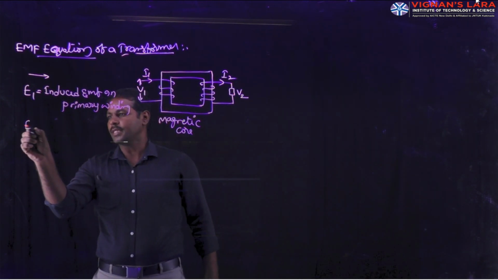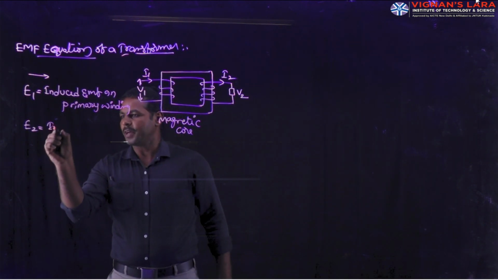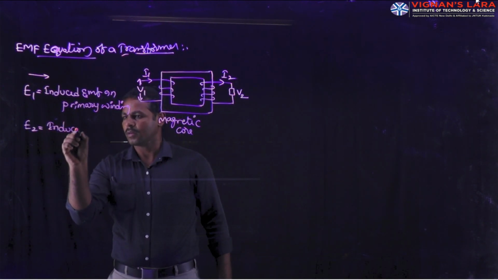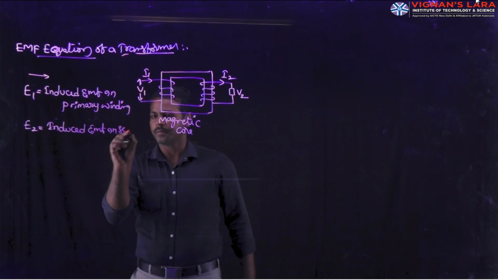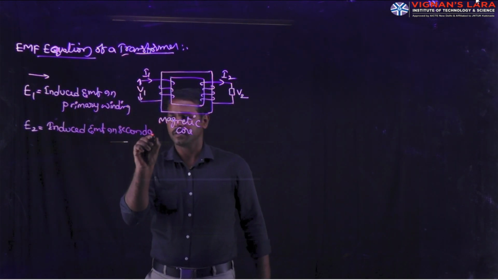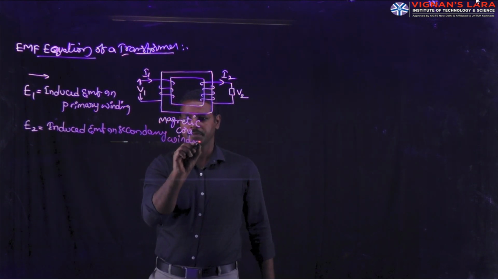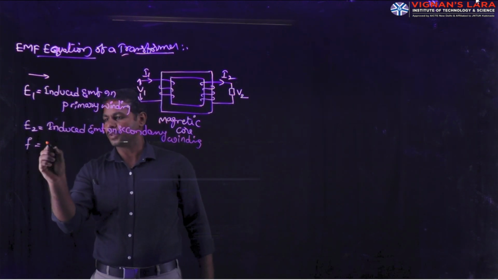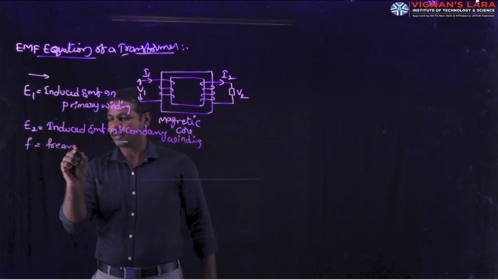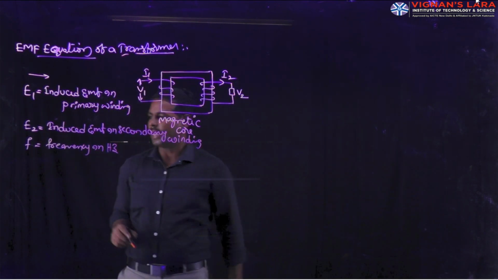E2 is the induced EMF in the secondary winding. F is the frequency in hertz.